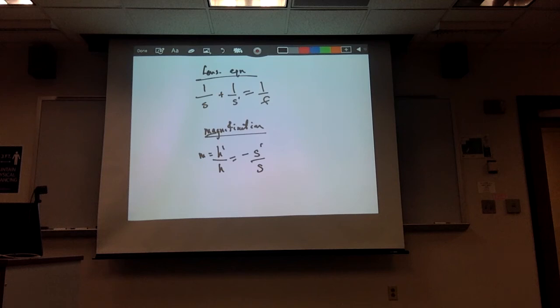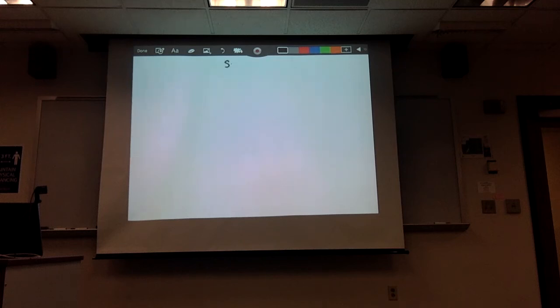Of course. These are just the mirror equations. So the beautiful thing about thin lenses and mirrors is they satisfy exactly the same expressions, which means most optics is based off of 2 expressions. And that's it.